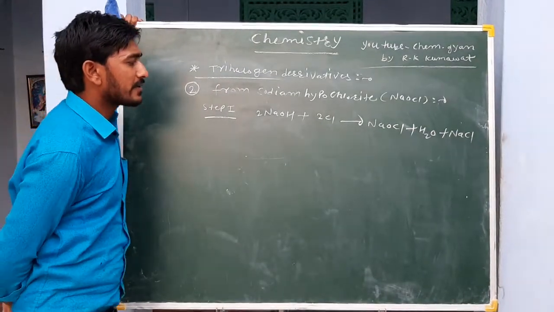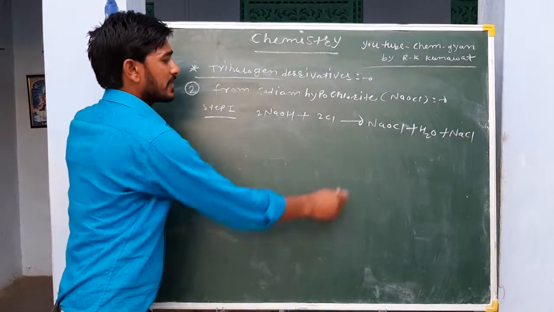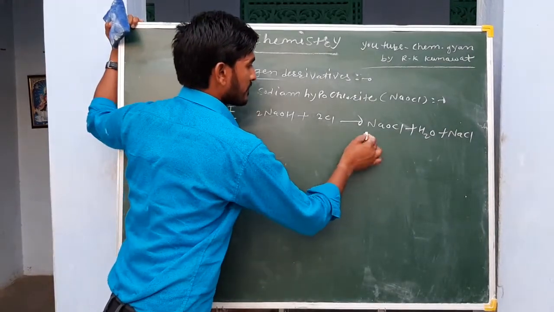Step first, NaOH reacts with the nascent chlorine and NaOCl, sodium hypochlorite, is formed.